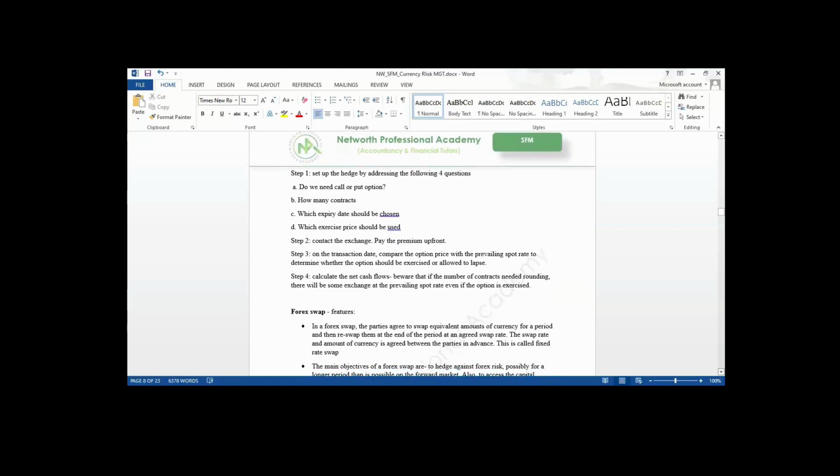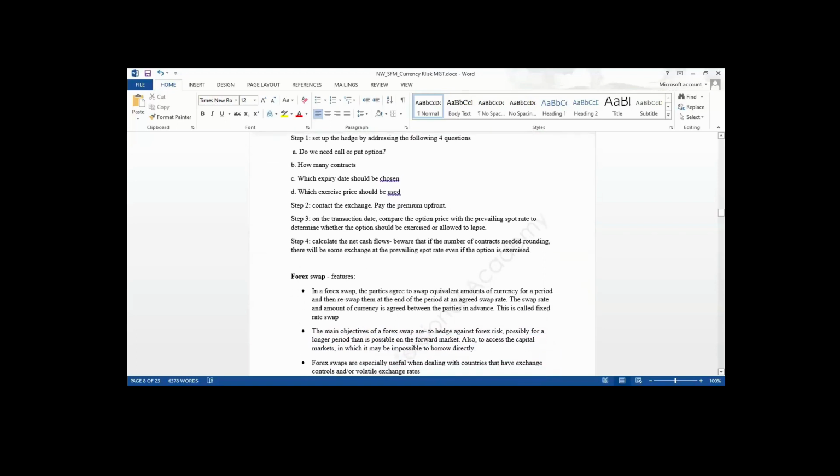Then lastly, foreign exchange swap, currency swap, forex swap. In a forex swap, two parties agree to swap an equivalent amount of currency for a period and then reswap them at the end of the period at an agreed swap rate.